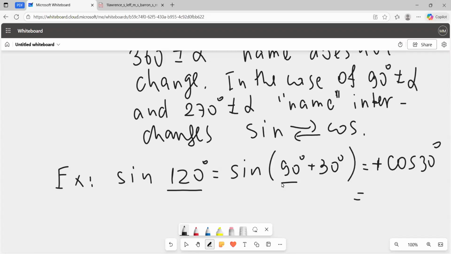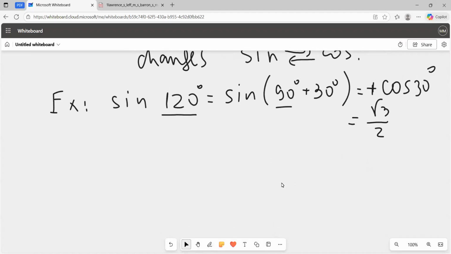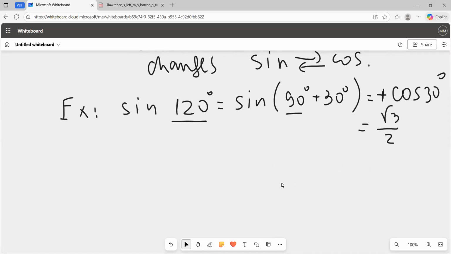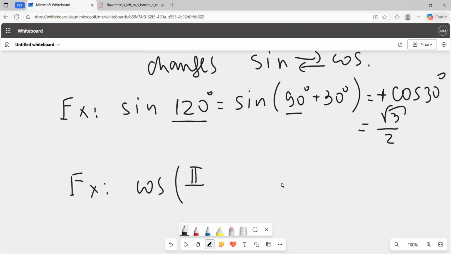And it's equal to, let's say, square root of 3 divided by 2. But in the SAT program, we have such exercises. For example, cosine of pi divided by 2 minus alpha.